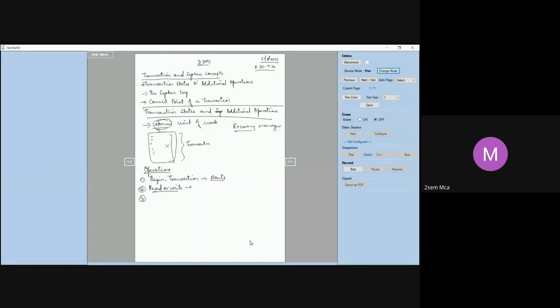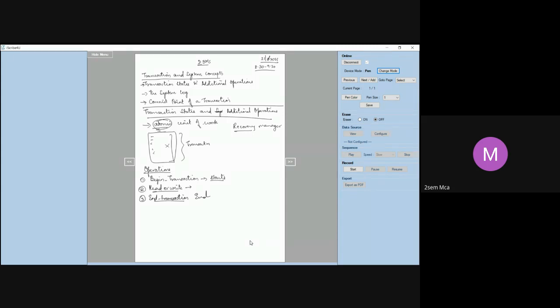The next operation that we are talking of here is end transaction. This will specify that the read and write operations of the transaction have ended. Okay, it marks the end of a transaction execution, whether the transaction is completed or not. At this point of time, it is also necessary to check whether the changes introduced by the transaction are permanently applied to the database or not.